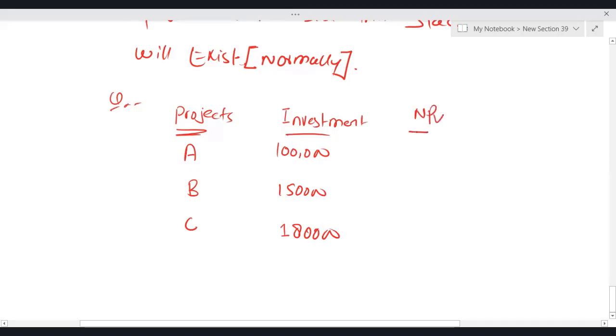NPV, let's say NPV is 41,400. That is 22,500.